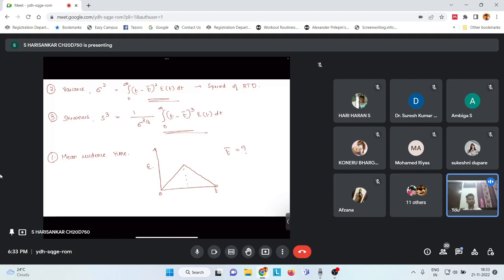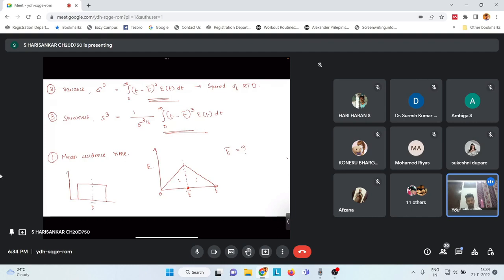If you divide this curve at the middle point, both sides will have equal geometry or equal area. So you can say this halfway point is your mean residence time, and this is applicable only for symmetric figures like this isosceles triangle. So the halfway point will usually be your mean residence time.